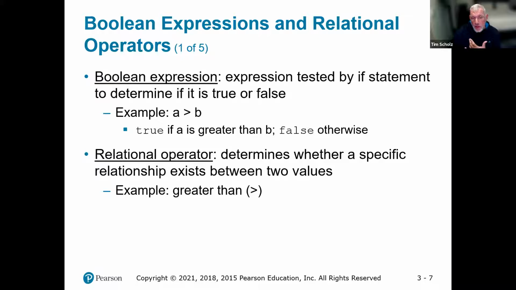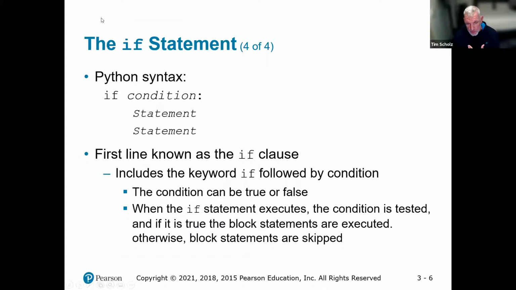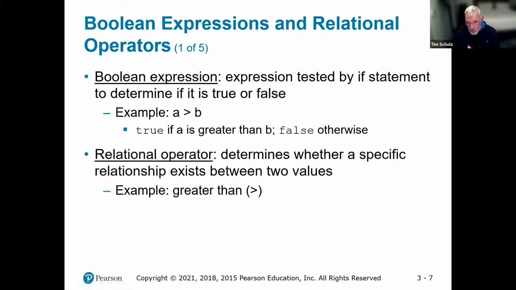So in talking about working with if statements, this second part, the condition, is what's known as a Boolean expression. A Boolean expression is an expression that, when you put it together, the only result it can have is true or false.